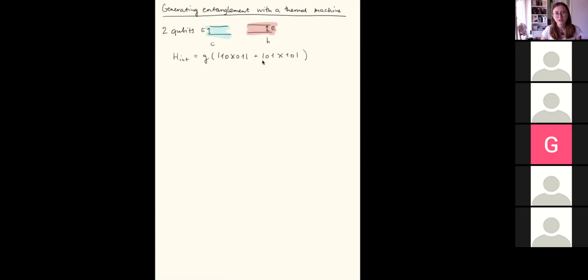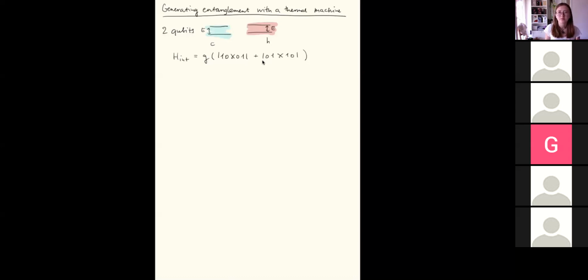Suppose that this coupling to the baths happens through rare events at each time step. So essentially, at any time, each qubit is reset to its thermal state with some small probability, but it can also, with some probability, be left unchanged. So we're looking at this process.